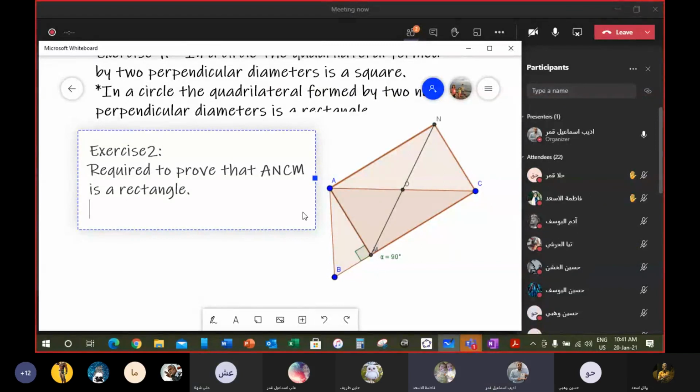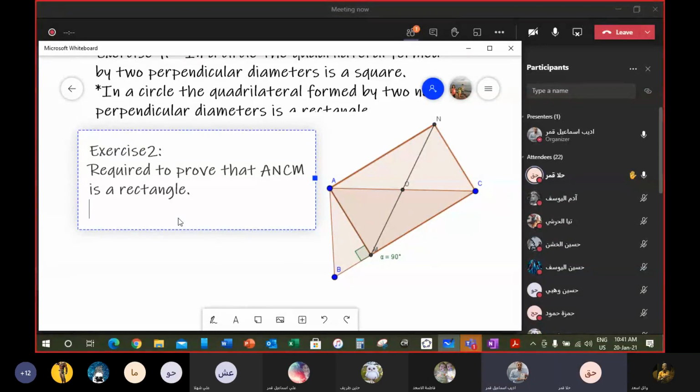To prove this quadrilateral is a rectangle, first we try to prove it as a parallelogram. Hala, to prove it is a parallelogram: O is the midpoint of segment AC, given.